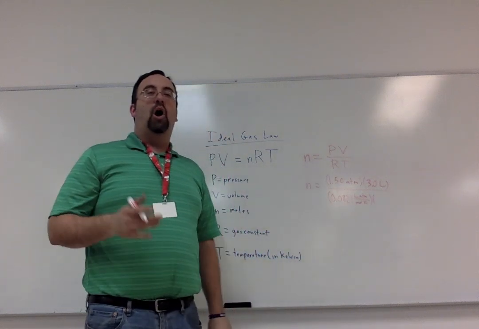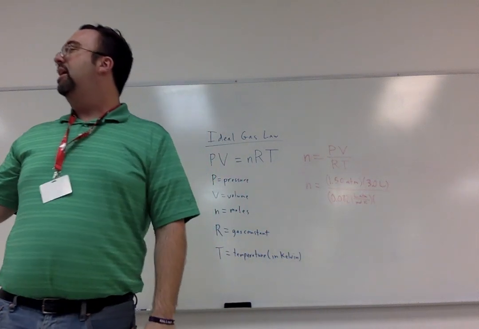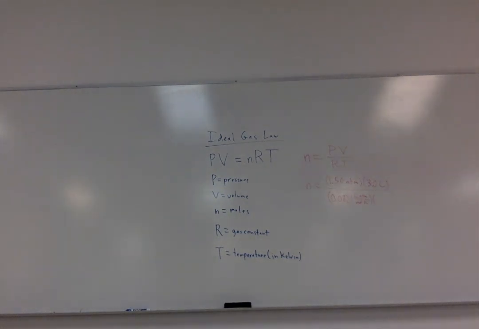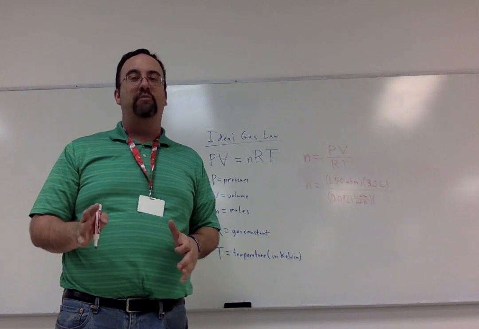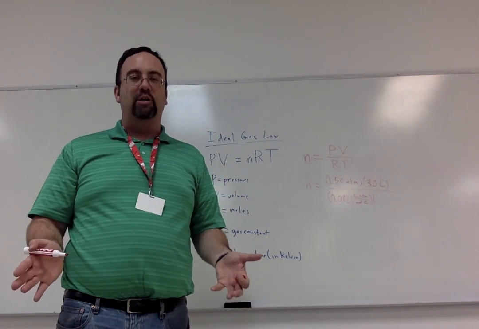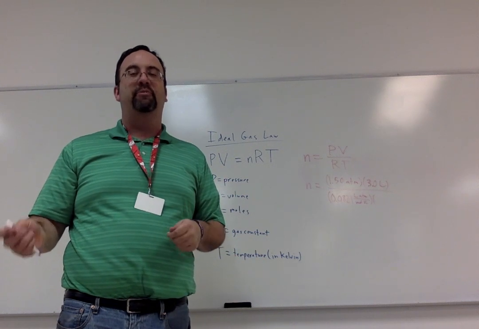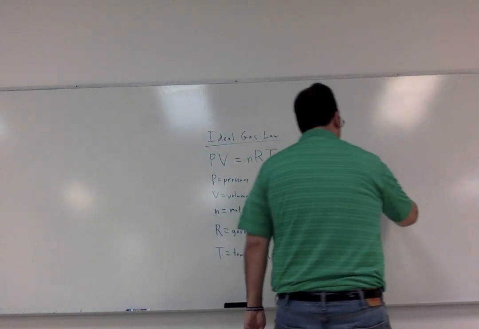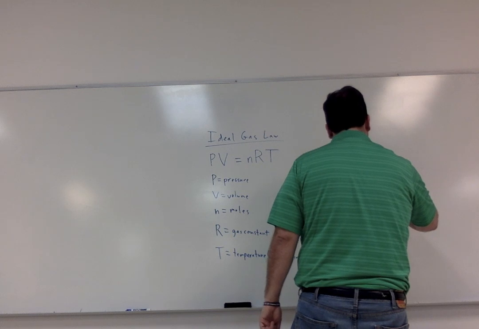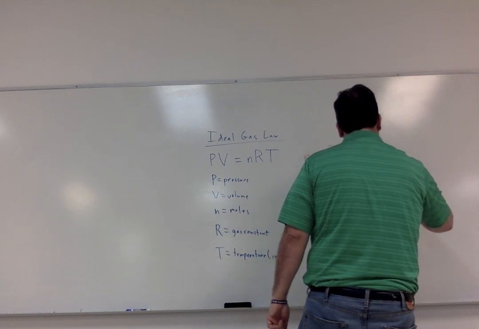And our temperature, we're told, of this gas was 300 Kelvin. It's already been converted for us, so we don't have to do the additional step of converting from Celsius to Kelvin. We know that it's 300 K, so we'll put the 300 K in here.